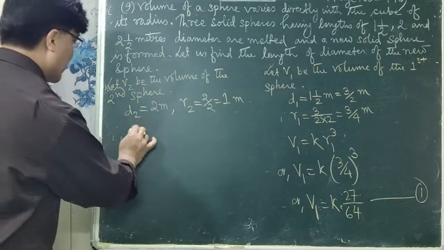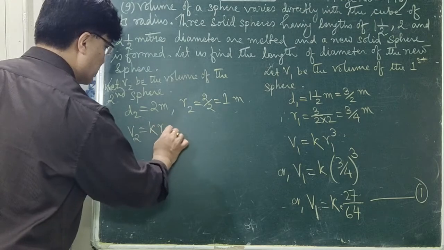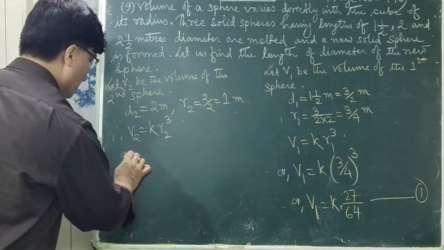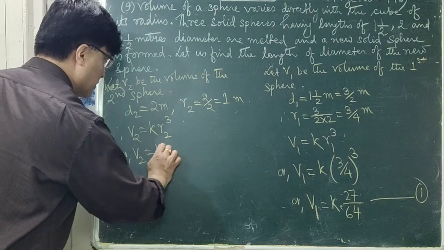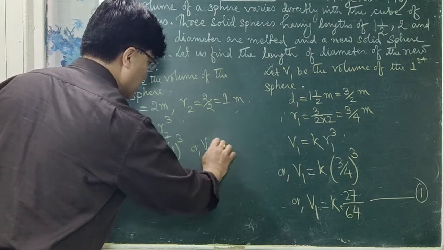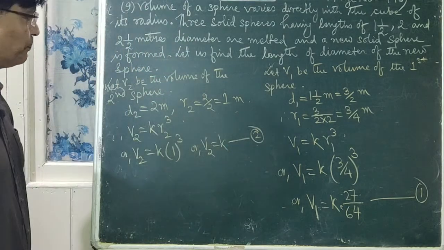Instead of V, you have to write V2. K is constant fixed, then you have to write radius cube, R2 cube, right? So V2 is equal to K into 1 whole cube, or V2 is equal to K. So let us mark it number 2.